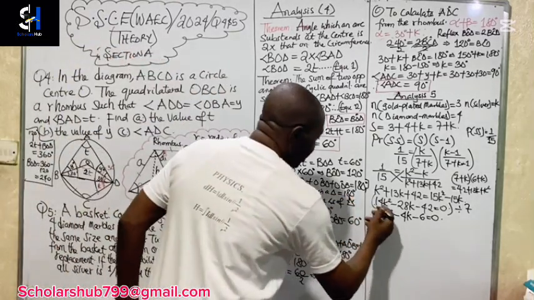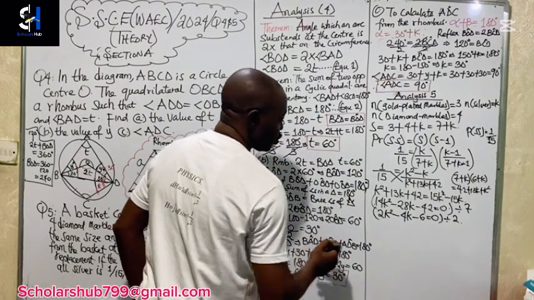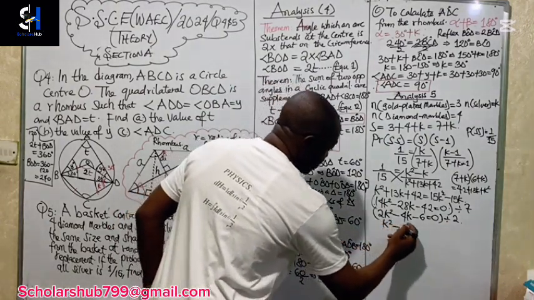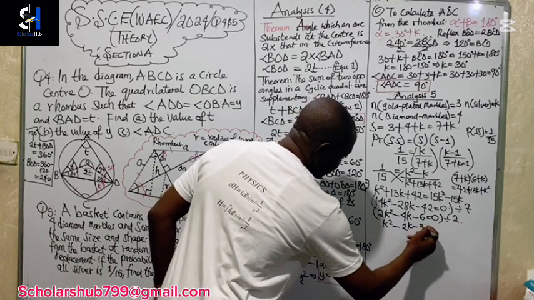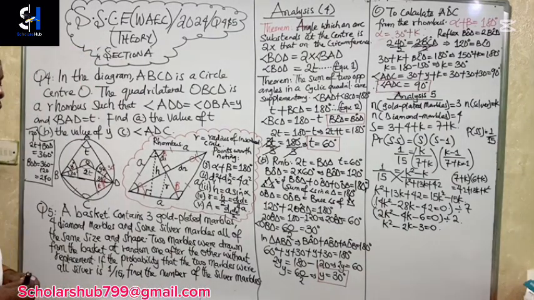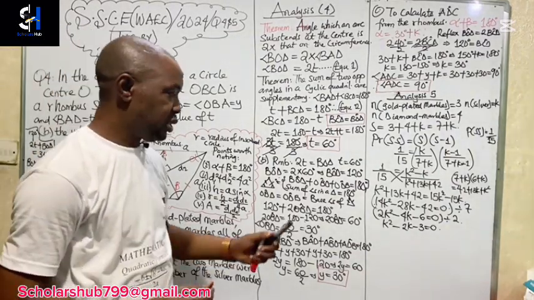So we can also divide this equation by 2. When we divide this equation by 2, we have k squared minus 2k minus 3 equals to 0. Now, let's see if we can factorize this equation.